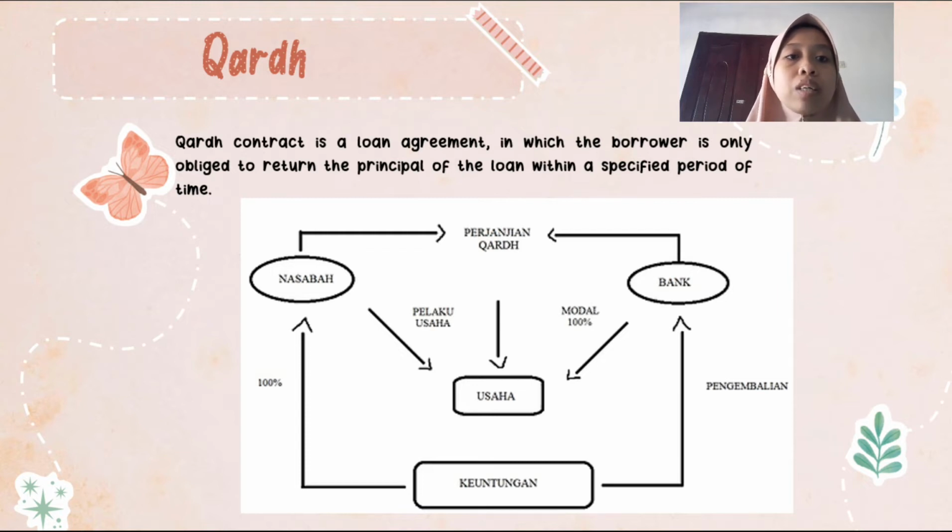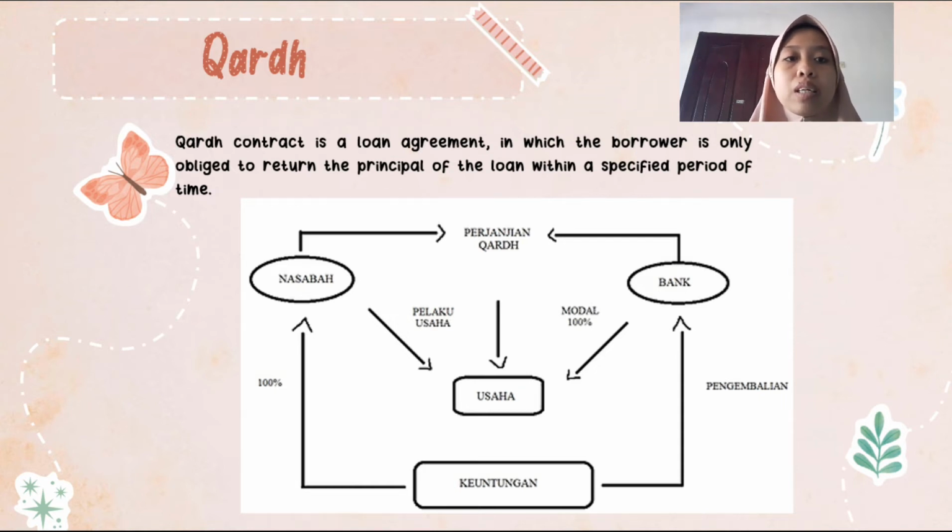The customer here acts as a business actor and the bank plays a 100% role in providing capital. If the financing has matured, then the loan must be returned by the customer as much as the initial loan amount without any additional cost.